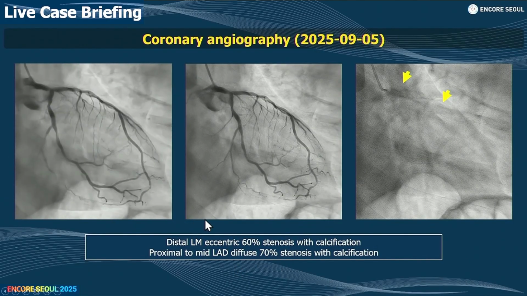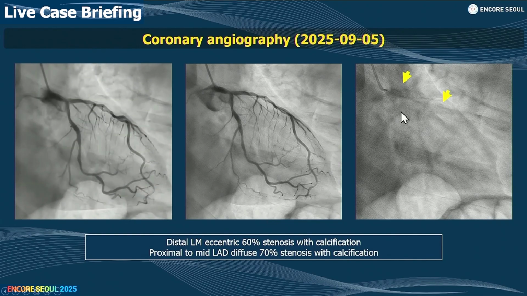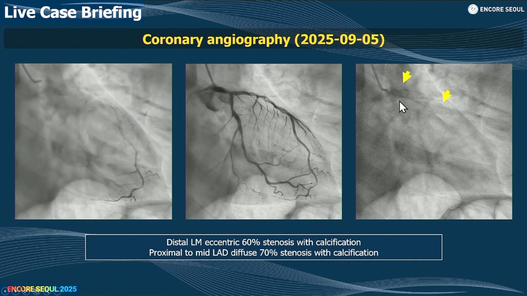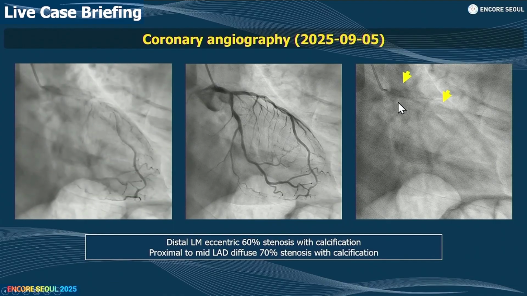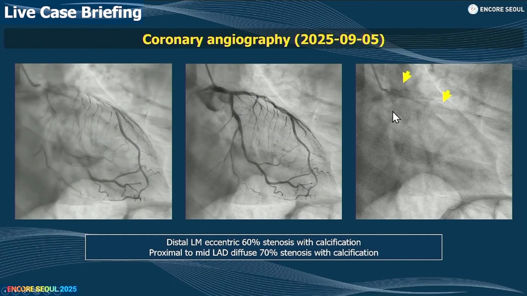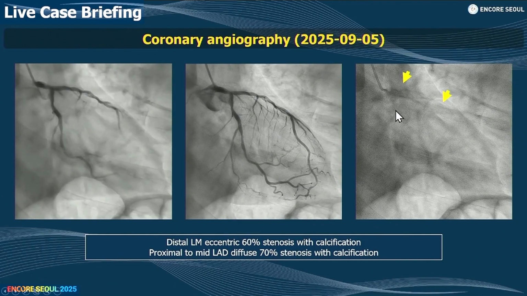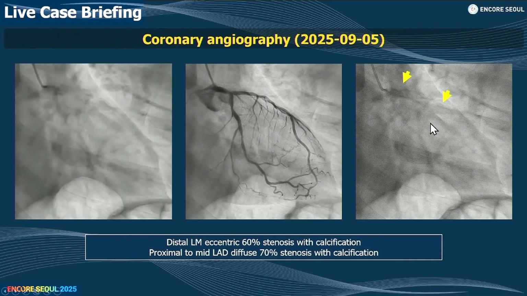About 1 week ago, we performed the angiogram, and you can see diffuse coronary artery atherosclerosis with stenosis. There's eccentric plaque at the distal left main artery and a diffuse lesion through the proximal to mid LAD with heavy calcification. You can appreciate the calcium on the still cut on the right screen.